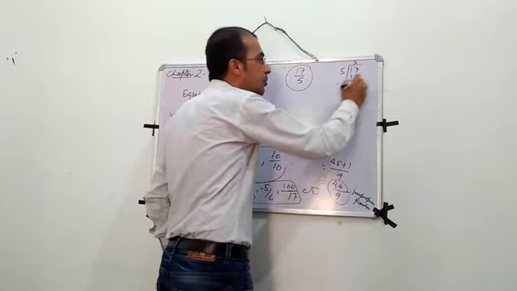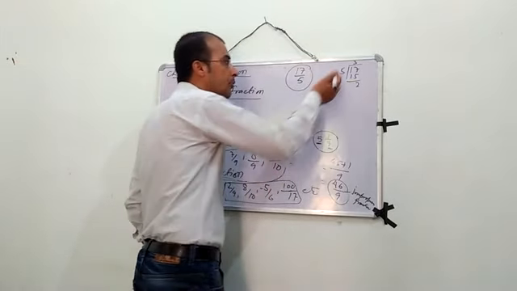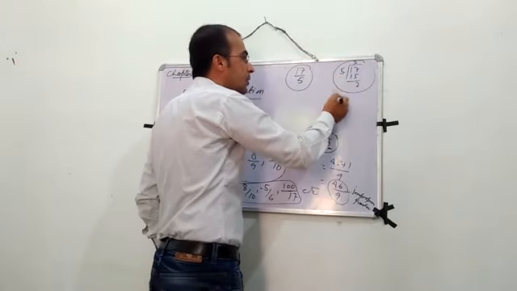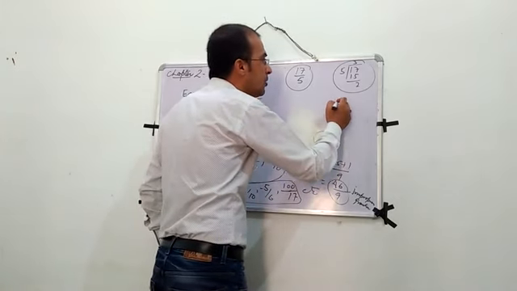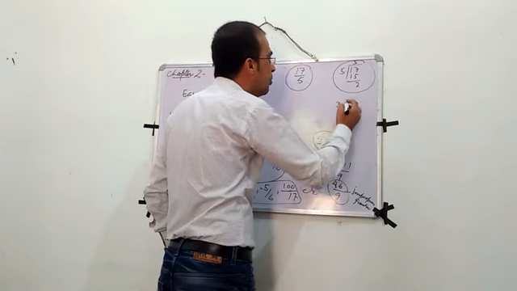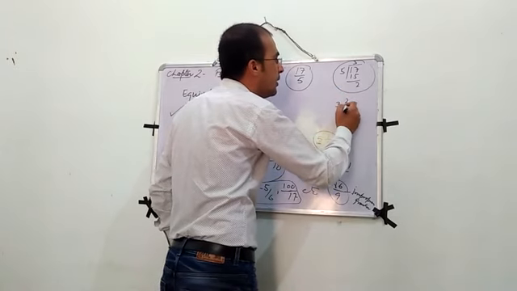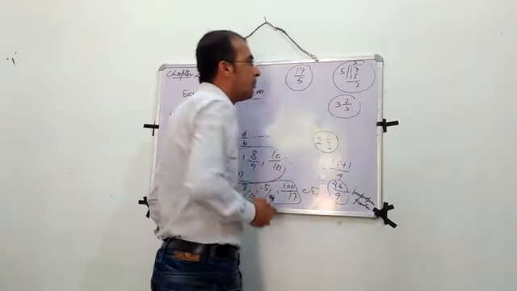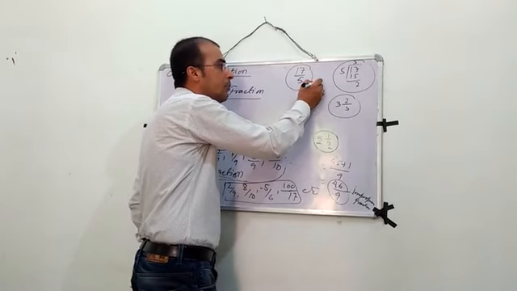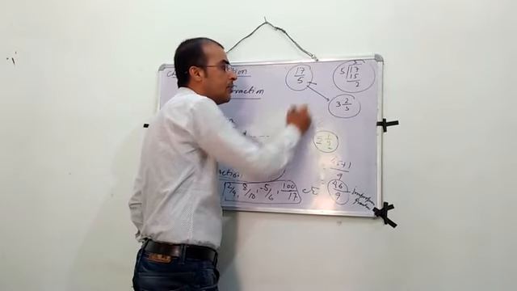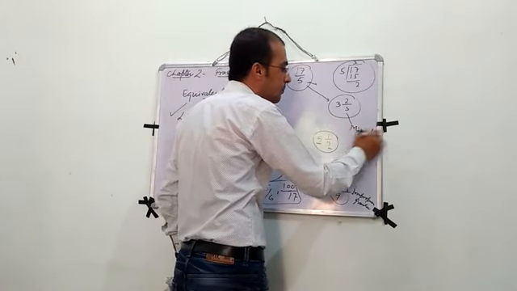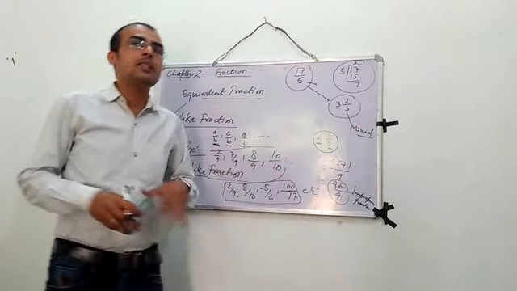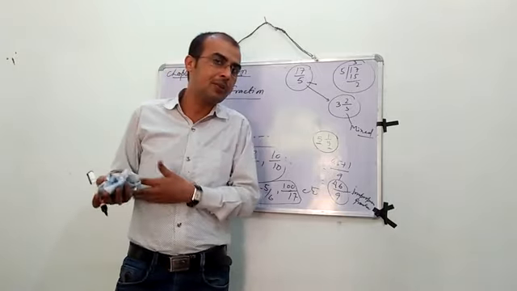And what do you get? 2. 2 cannot be divided further, so we write it in a new mathematical form: 3 whole 2 by 5. So the improper fraction changes into a mixed fraction. Is it clear?